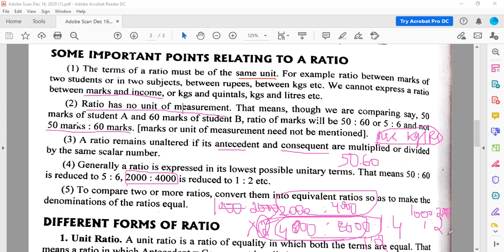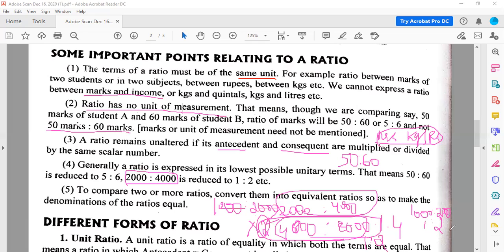So if a ratio is multiplied or divided by one number, the same number has to be applied to both terms of the ratio. In all these cases, the ratio will not change, it will remain the same. I hope you are able to follow. Okay, the ratio is not changing, it will remain the same.